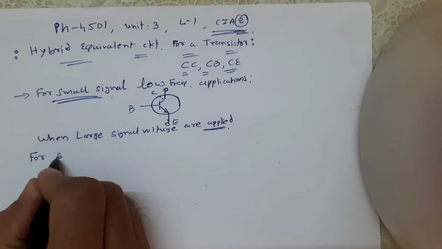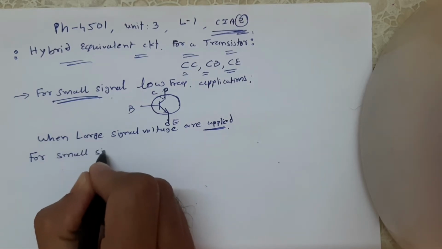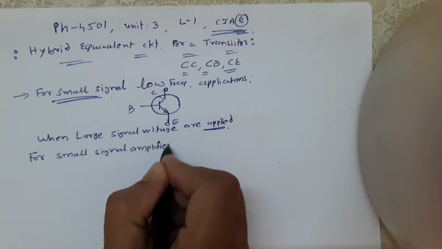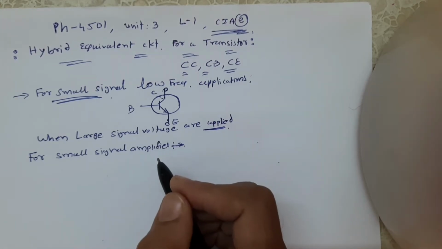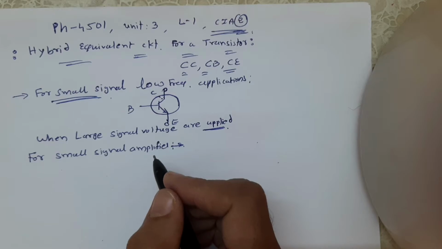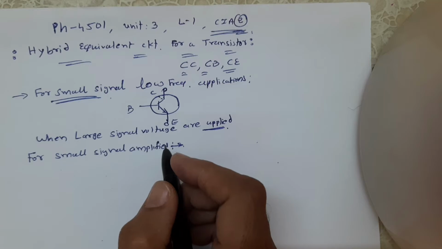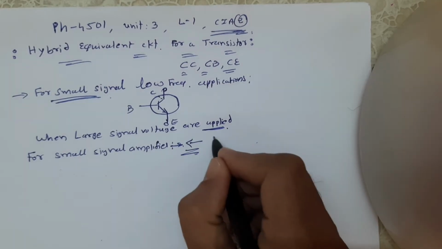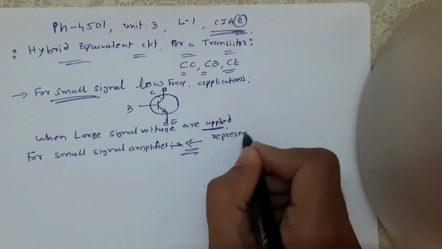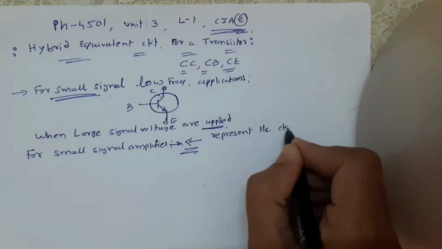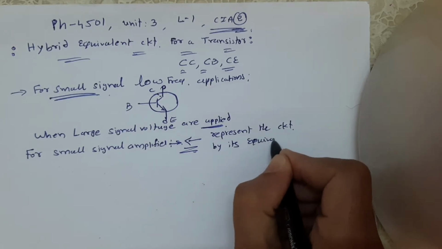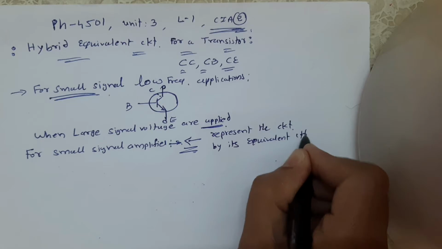Now for a small signal amplifier, the standard method for analyzing the performance is to represent the circuit by its equivalent circuit.